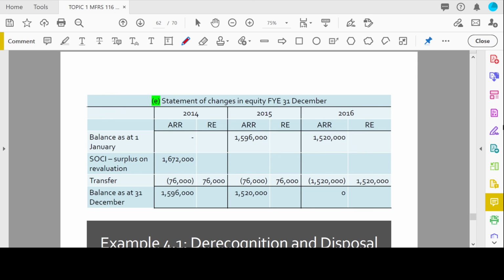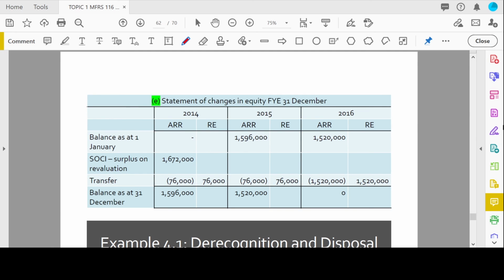The balance at the beginning of the year is 0 because they never did any revaluation before. Then we add surplus on revaluation, 1.672. At the end of the year, we transfer some amount, which is 76,000, so at the end of the year we have 1.596.